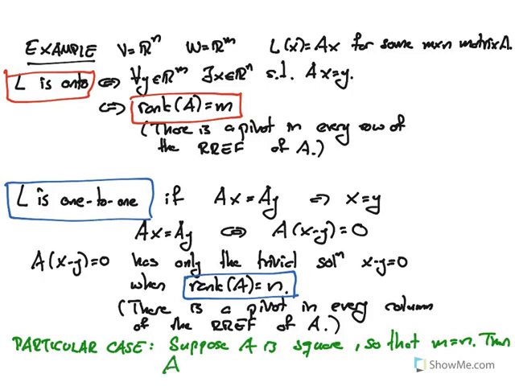Then in this particular case, you have A is one to one if and only if A is onto. But notice that this holds only for square matrices. It is not generally the case.